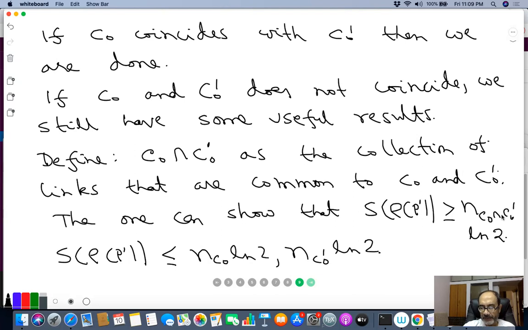But this is a lower bound. If you have a certain number of common links which are cut by both C naught and C naught prime, then that number times log 2 provides a lower bound.